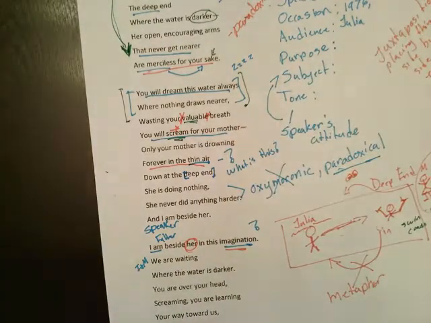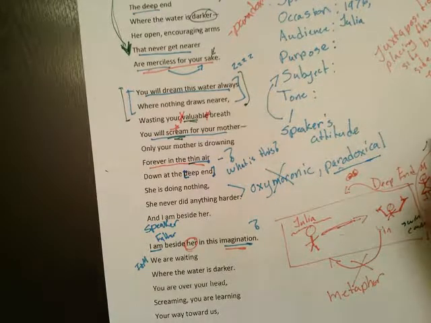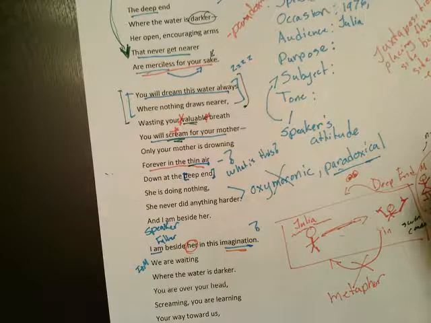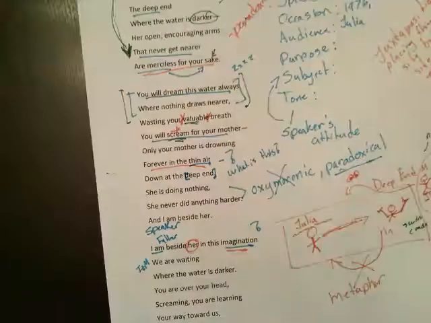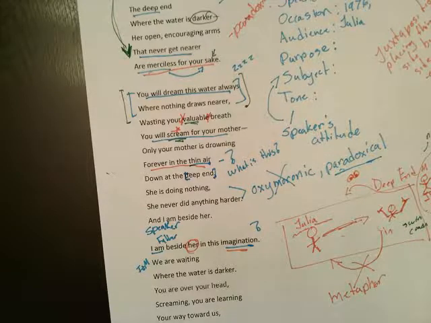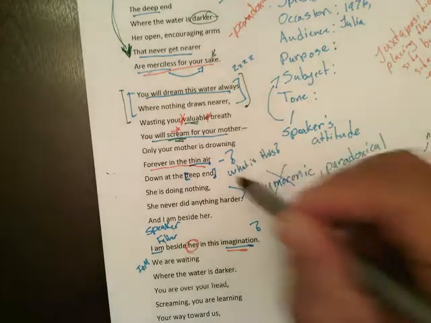What does it mean to drown in thin air? So I think of, for example, hyperventilating, like I'm drowning in the thin air because she's so nervous, right? So she's so nervous that she's drowning in the thin air. And that's what's going on here.